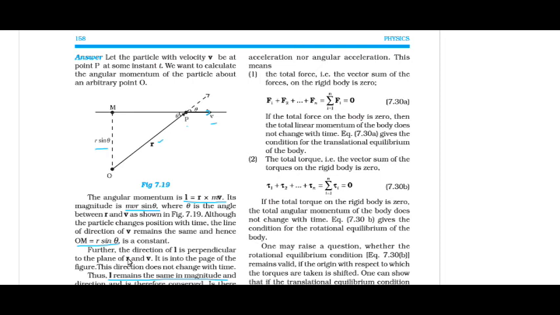Further, the direction of L is perpendicular to the plane of r and v. It is into the page of the figure.